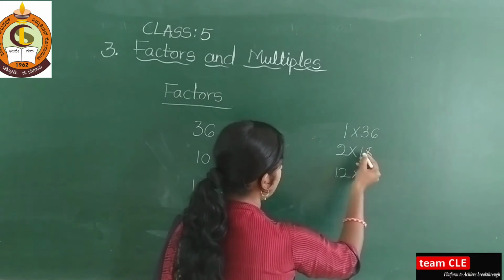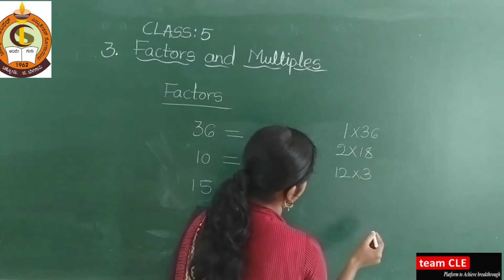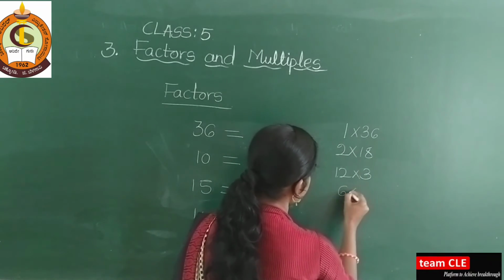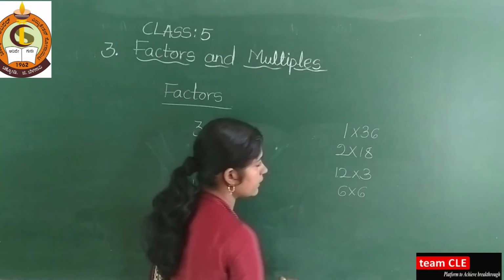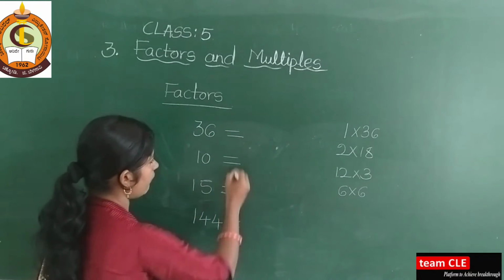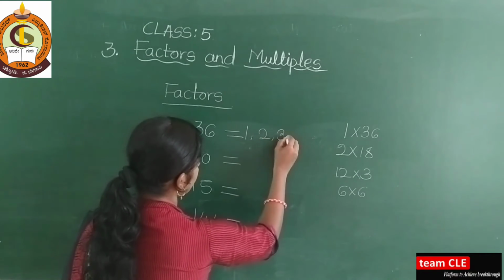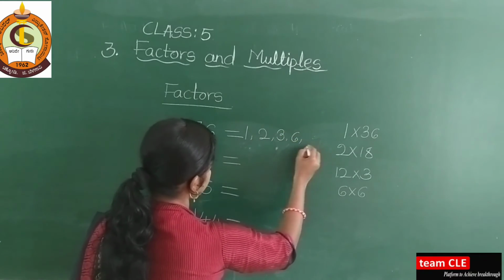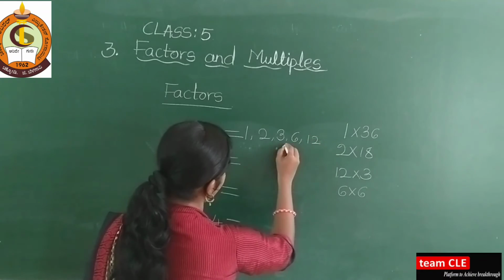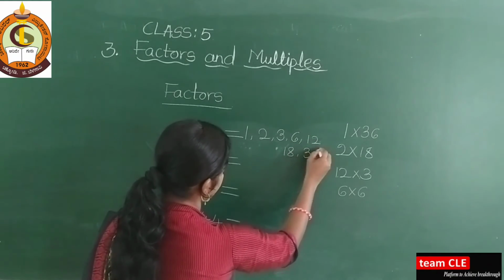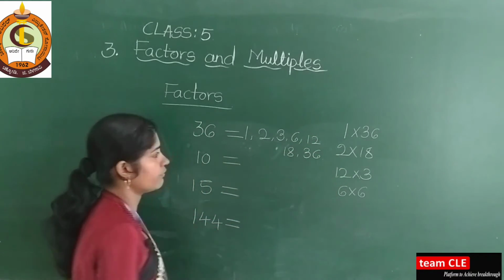Other than this it is there in the 6 table, 6 6s are 36. Okay, so the factors of 36 are 1, 2, 3, 6, next here 12, 18 and 36. So these are the factors of 36.